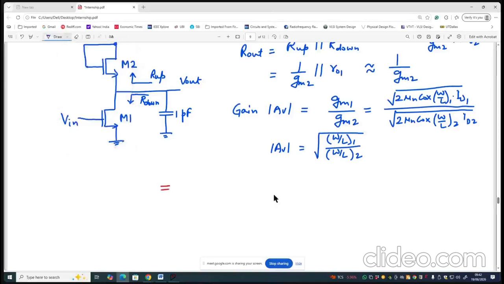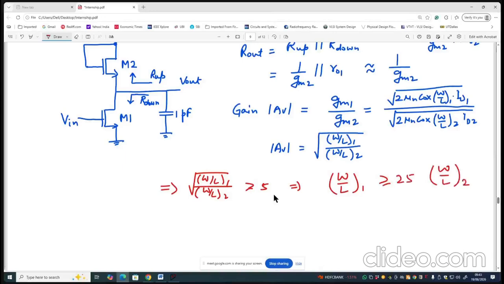So we can write that square root of W upon L1 upon W upon L2 shall be greater equal to 5, and therefore we can write W upon L1 shall be greater equal to 25 times W upon L2. Am I right? Yes, sir. So we have got this relation between the widths of the transistors from the gain specification, right?